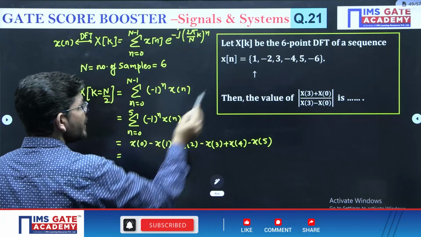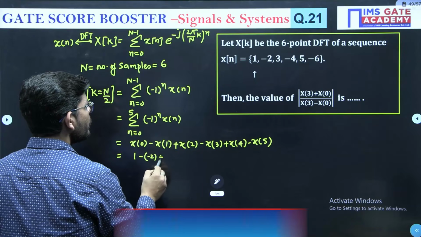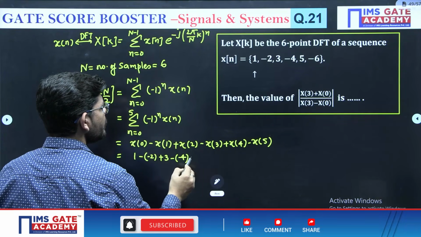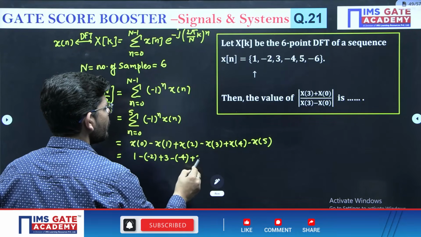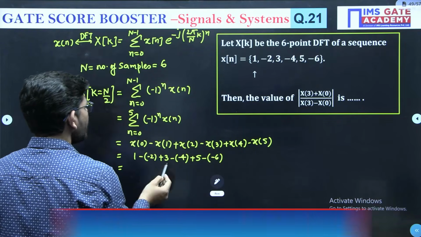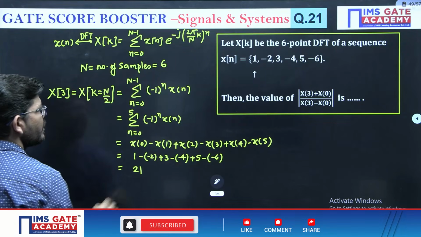Now all the values are given. This is 1 minus minus 2 plus 3 minus minus 4, then plus 5 minus minus 6, right? Add them all and you will get 21, right?